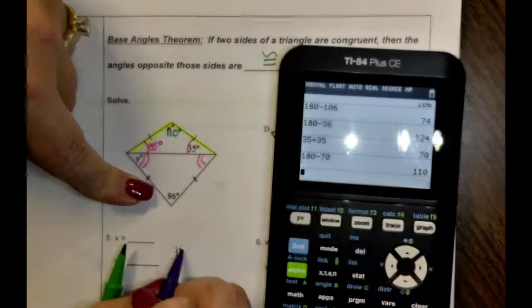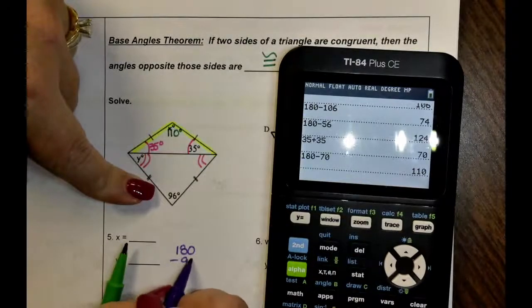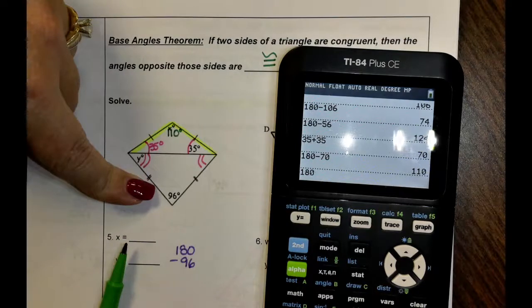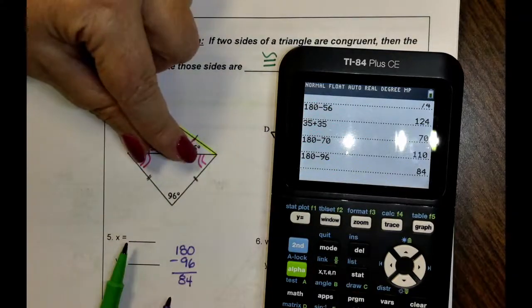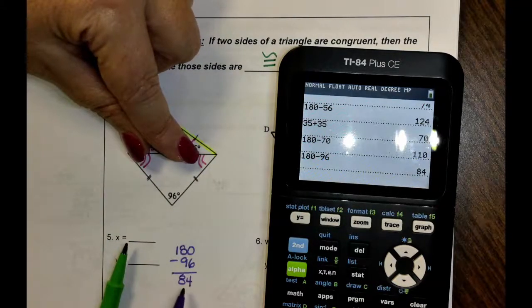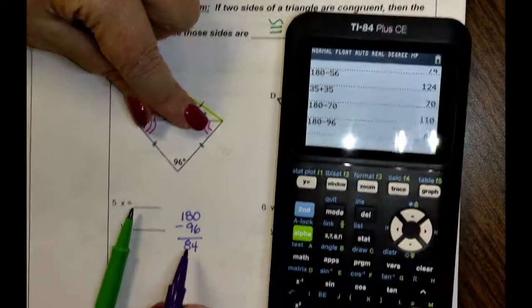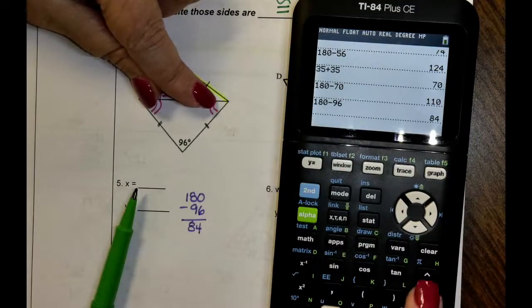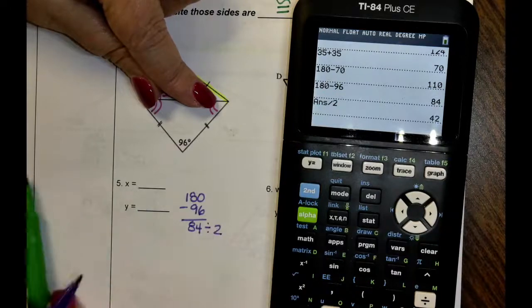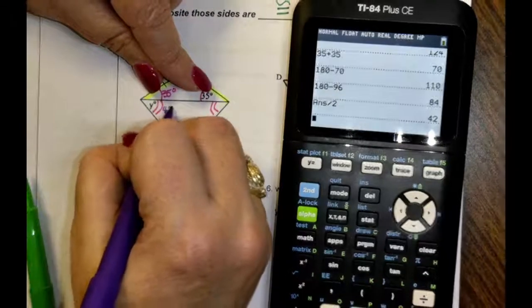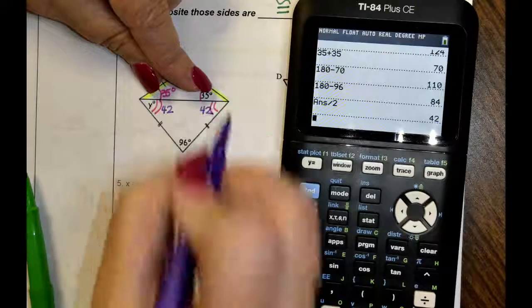So if I take 180 and subtract 96, that means I have 84 degrees left for these two angles. This is what both of them add up to be. So if I take that and divide it by 2, that will tell me how big each one is. So this is 42 and this is 42.